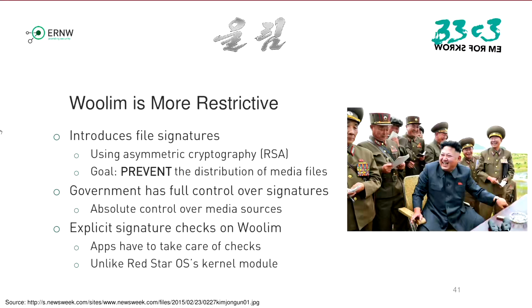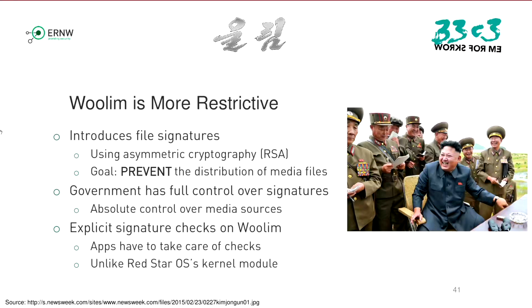Woolim is way more restrictive than what RedStar was doing. It can do the same thing as RedStar has done, but on top of this there is another, more restrictive way of not only tracing the distribution of media, but the goal of Woolim is to basically prevent the distribution of media.